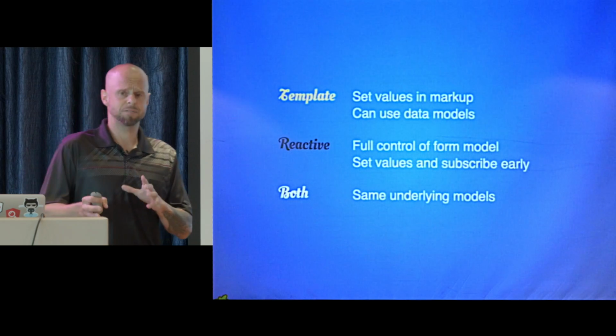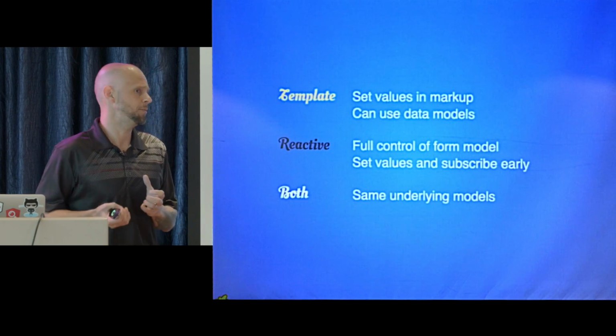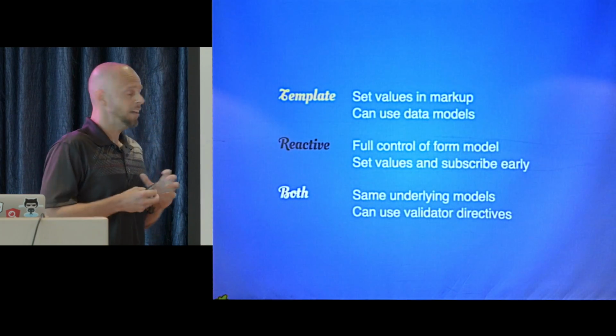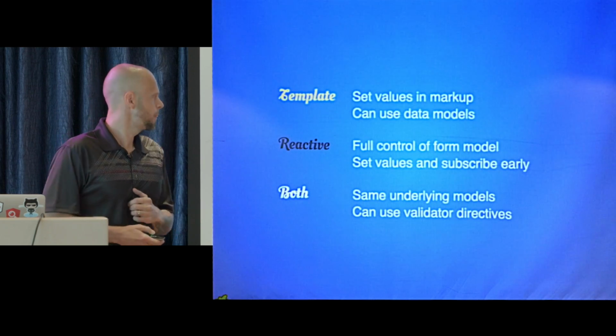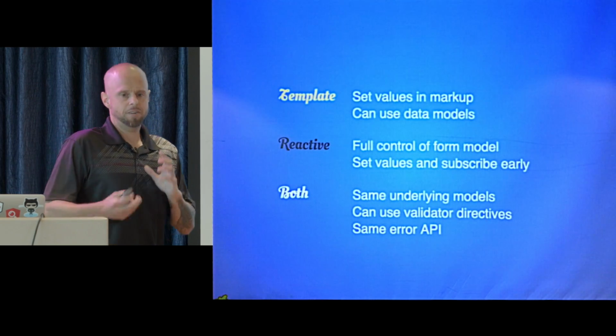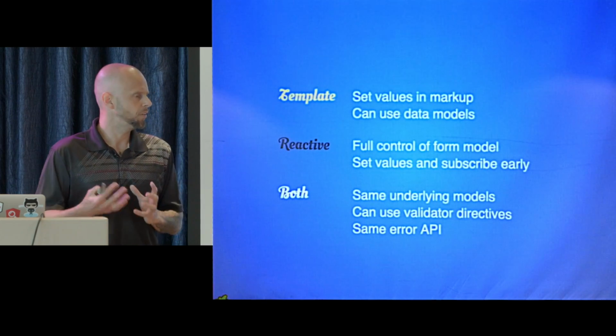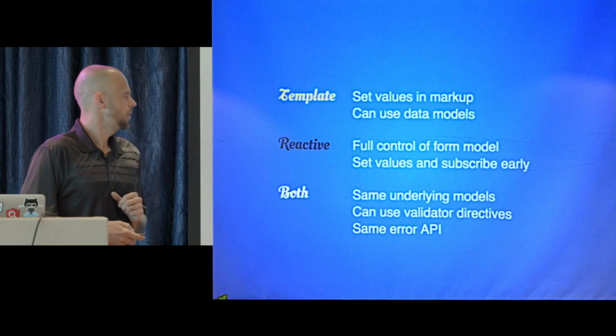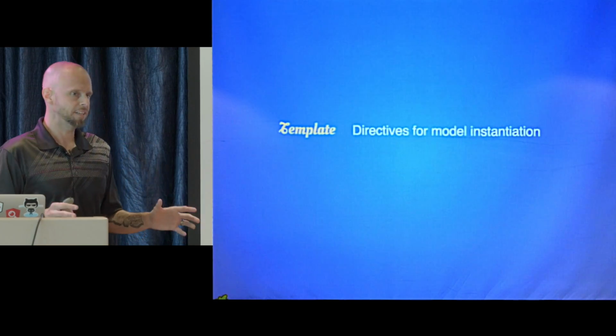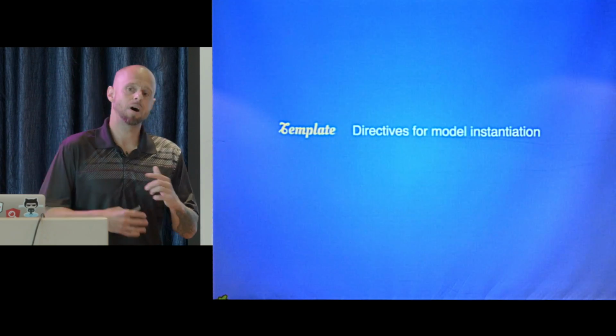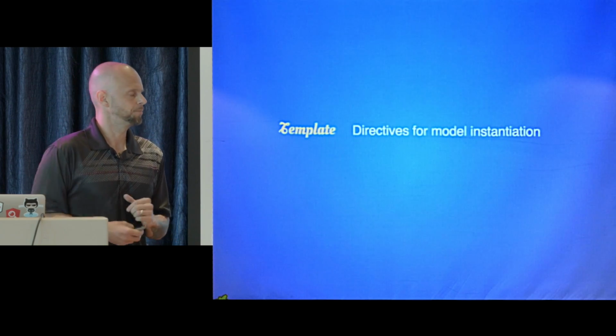And if we ask for the exportAs, we're going to get those same types back. And the validation pattern could potentially be the same. And when we check for errors, we're calling the same method signatures and properties because we're working with the same underlying type of objects. So really, the role of template forms here is to provide a layer of directives that's going to handle the model instantiation stuff for us.